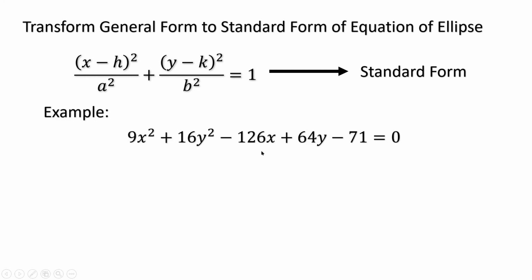For example, we have 9x squared plus 16y squared minus 126x plus 64y minus 71 equals 0. First, we regroup similar terms, those having the same variables. We have 9x squared minus 126x plus 16y squared plus 64y equals 71.